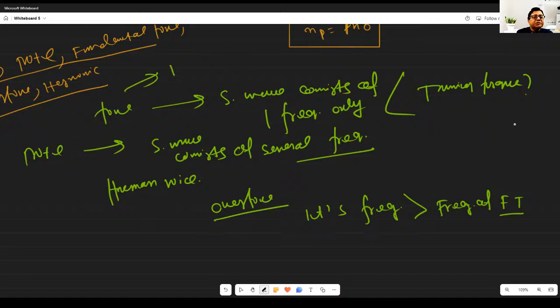Out of these tones, fundamental tone has the least frequency.